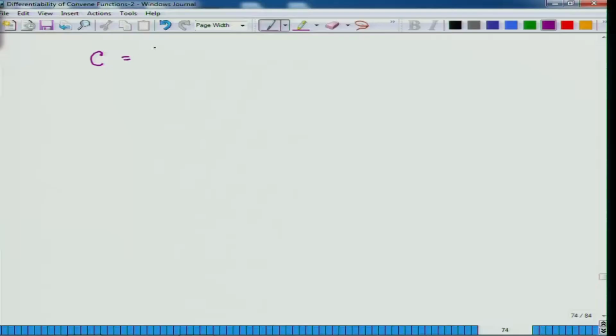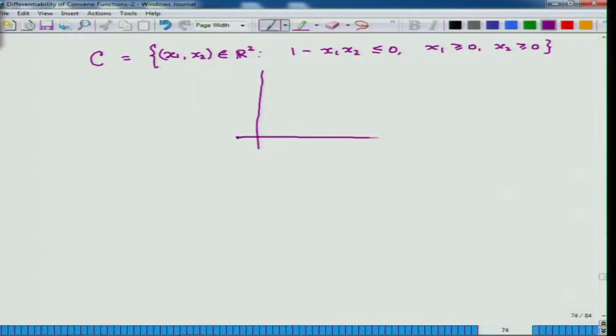That need not be the case, because if you take the set C, so if this is my feasible region, then this feasible region depicts the following convex set.